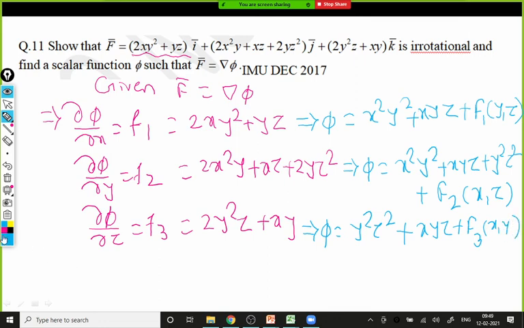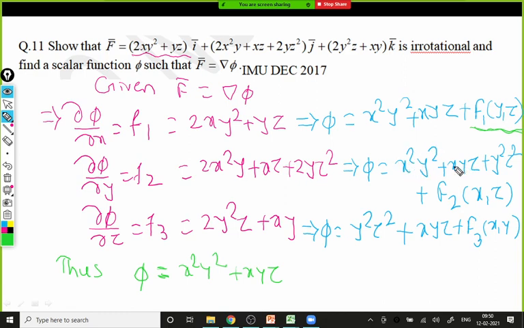Thus the final answer phi is equal to... Now write all possible terms without repetition. Start with the first, x square y square plus xyz. These two terms were taken from here. Our aim is to get this constant, and to get it we look in the other two, only for terms of y and z. This has x present, so ignore that.